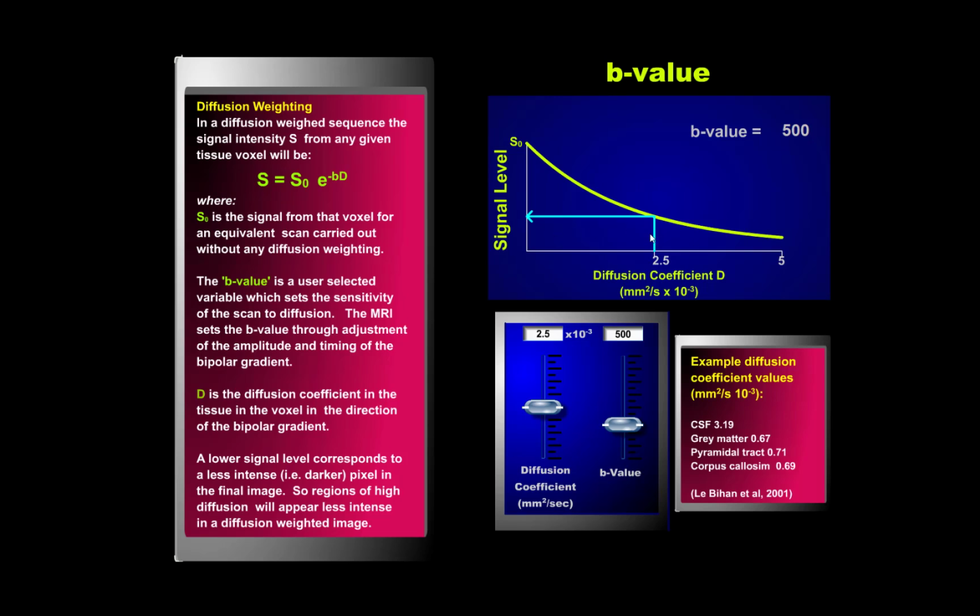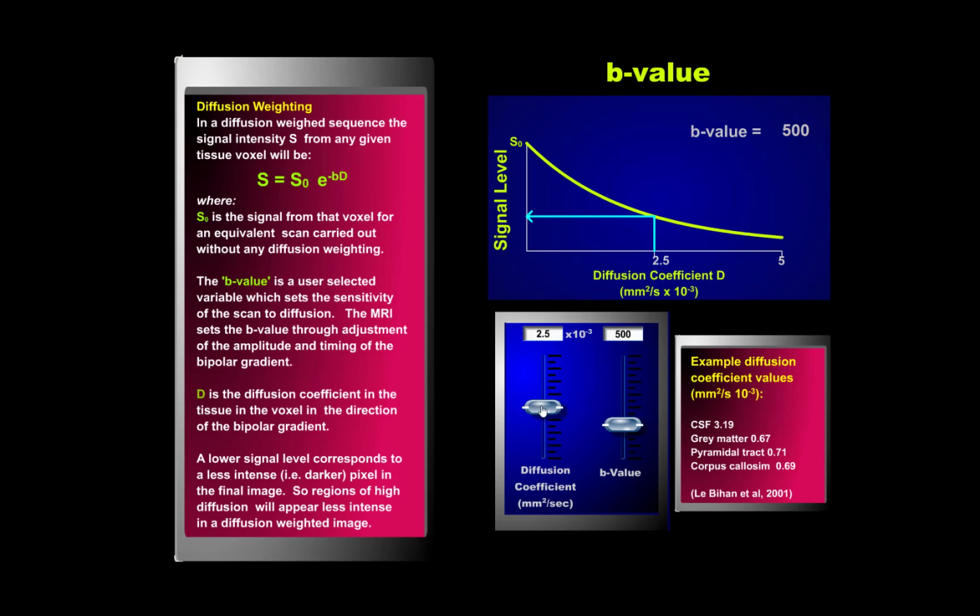Okay. Now, what we're showing here is the signal level versus diffusion for a given b-value. So for a given setting that you have set up at the console that's saying the sequence is going to be this sensitive to diffusion. Okay, so what is going to change if we change either the diffusion coefficient or the b-value?